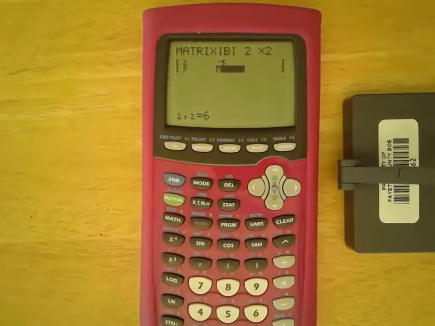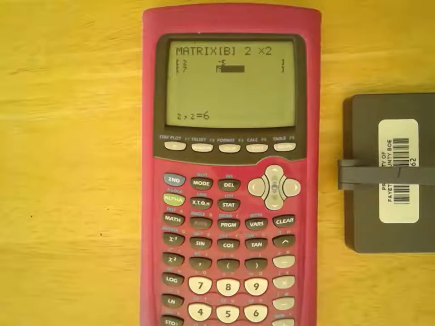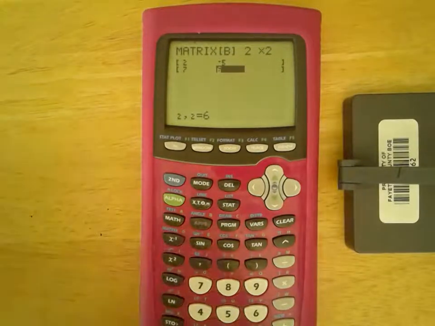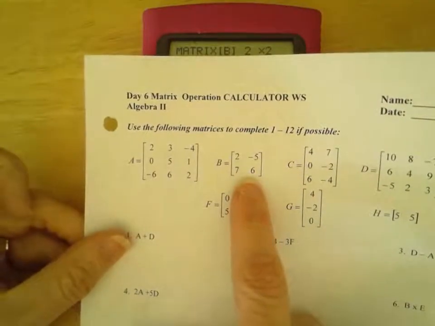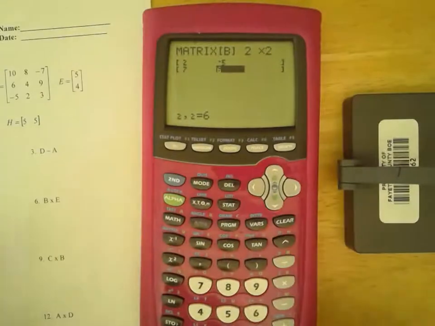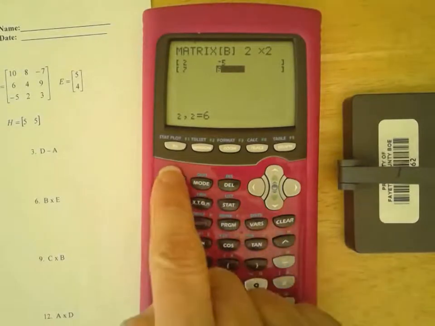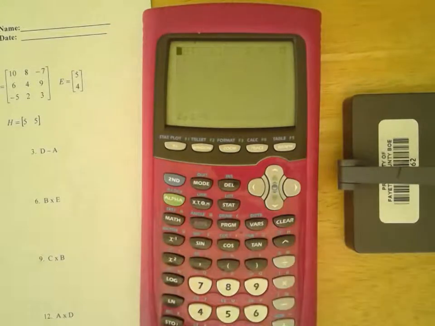Okay, so everybody should have this sheet. You shouldn't have to be reading the numbers off my screen. I'm entering the matrices that are on this sheet. See? B, right here. Now we'll go and enter matrix C. So we quit out of B, second mode.